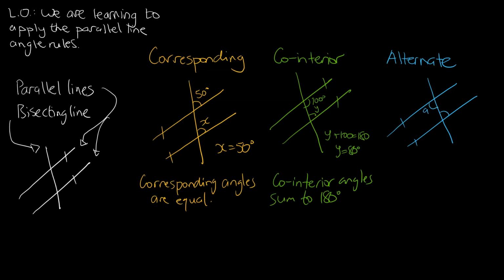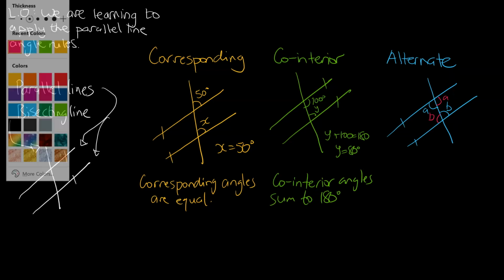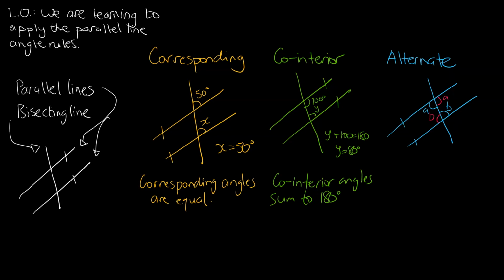So angle A there would be alternate to angle B there. And if we do it along the other side, angle A up there, well, that would be alternate to angle B down there. And the geometric reasoning or geometric feature about that is alternate angles.